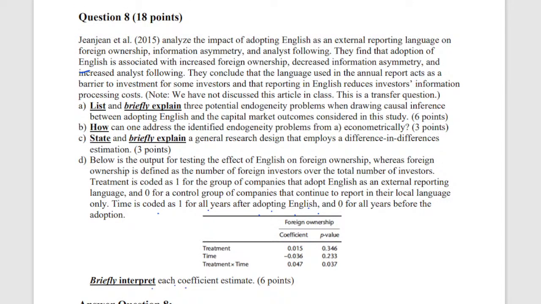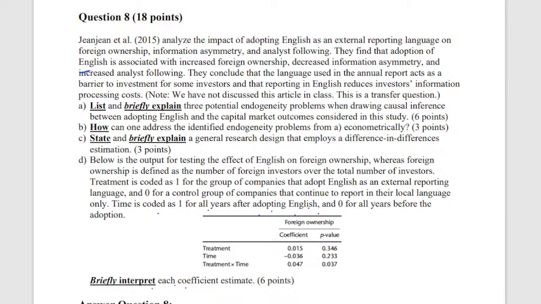Okay, so this is the question about one study by Jin. They are studying the impact before and after the adoption.